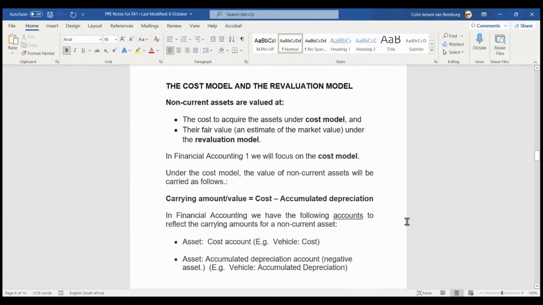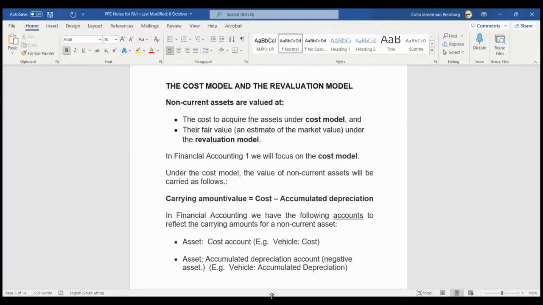Right, ladies and gentlemen, you've all now heard about cost, depreciation, and accumulated depreciation. So this is where we are going to start talking about all of those terms, including residual values, expected useful life, all of those kind of things. There are quite a number of terms that we will have to discuss during the course of today's session, as well as next week and probably the week thereafter.